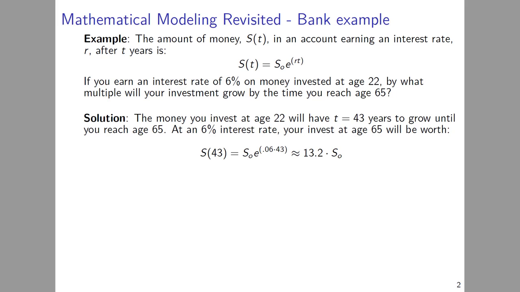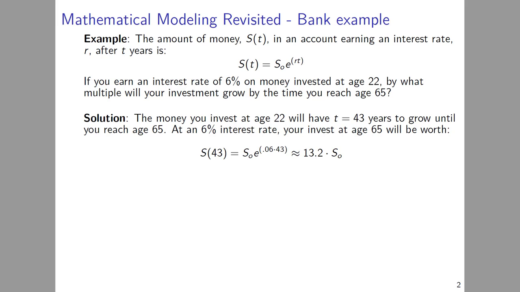Well, the money you invest at age 22 will have t equals 43 years to grow until you reach age 65. At a 6% interest rate, your investment at age 65 will be worth S of 43, which is equal to S naught, the starting amount, times e to the 0.06 times 43, which comes to roughly 13.2 times S naught.